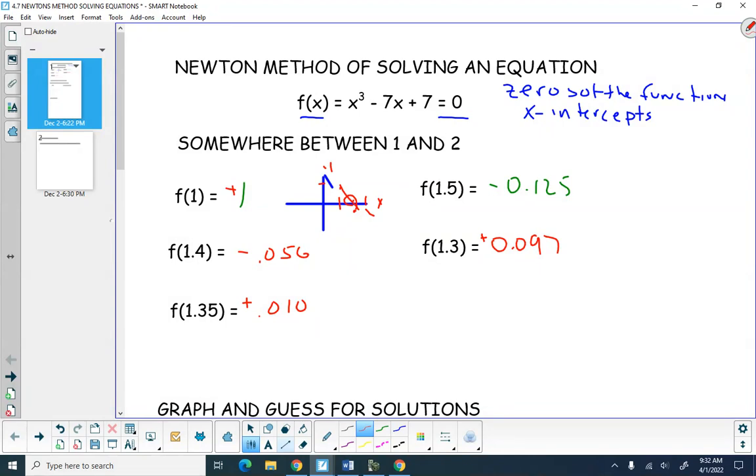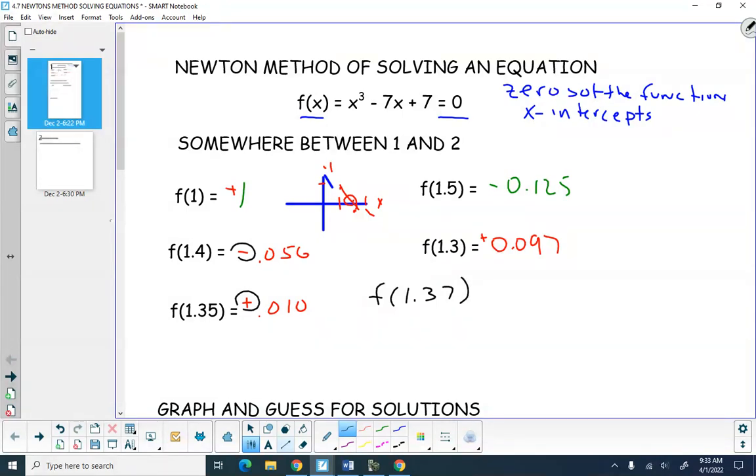Okay, so which two am I going to be in between? 1.35 and 1.4, or 1.35 and 1.3? 1.35 and 1.4, because we are negative here and positive here. So we can try another value. Let's find a function value at 1.37.